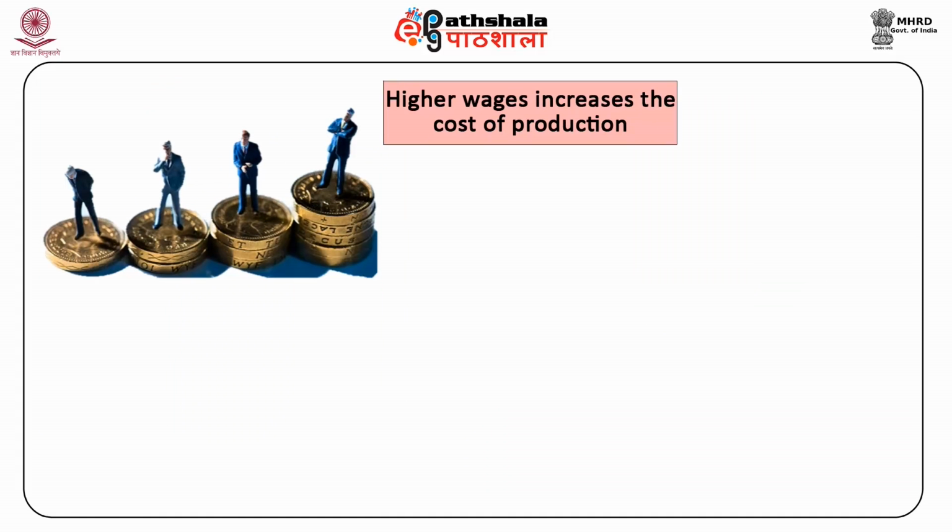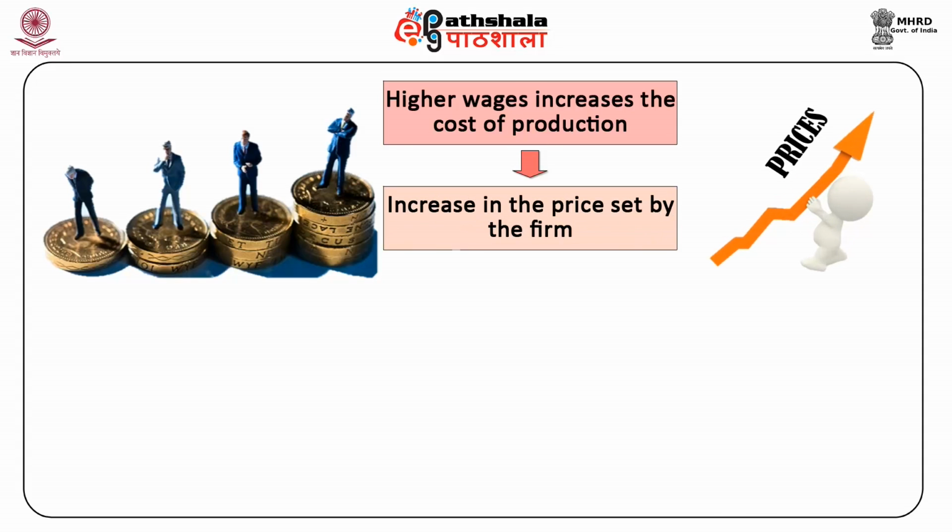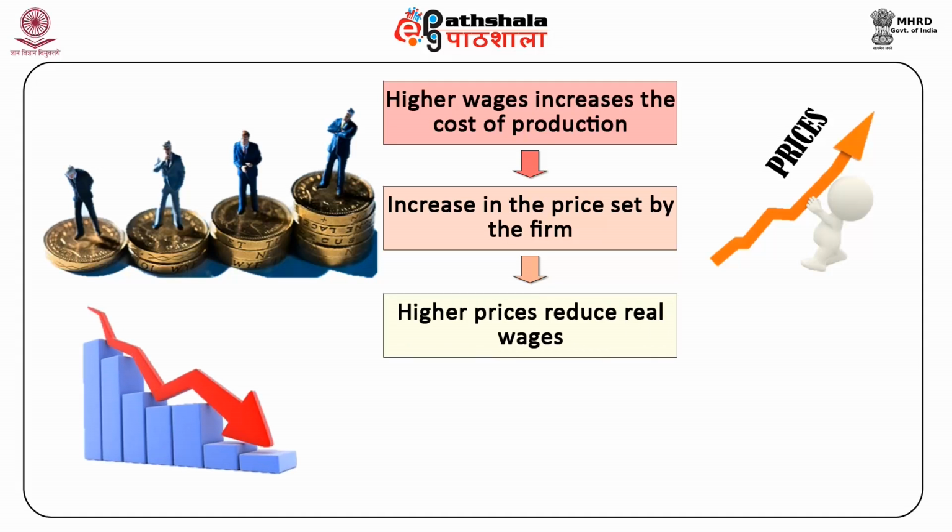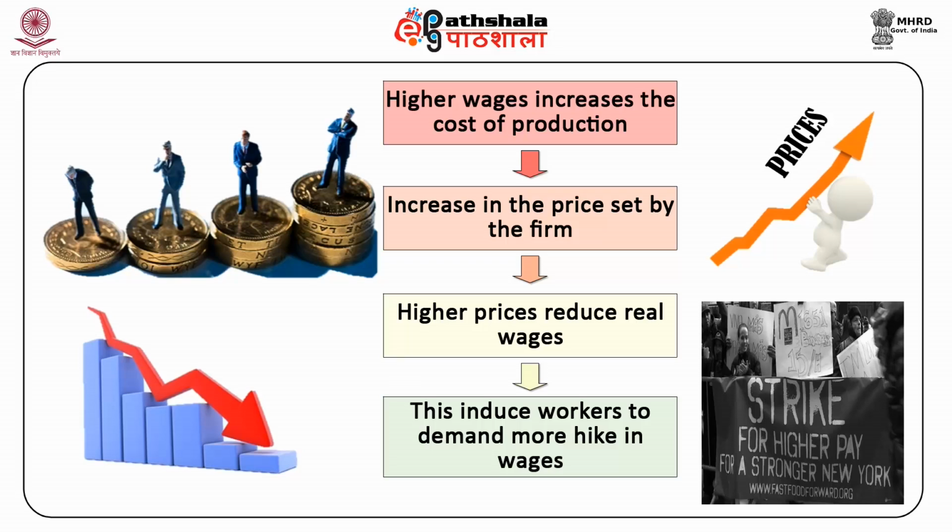Higher wages raise the cost of production and hence prices that are set by firms as a markup over cost. Higher prices reduce real wages, inducing workers to ask for another round of hike in wages. That in turn fuels further rise in prices.